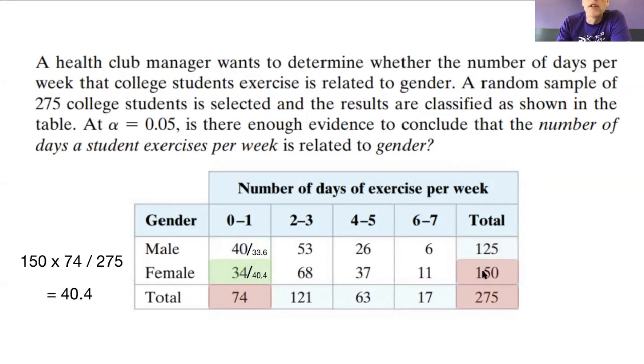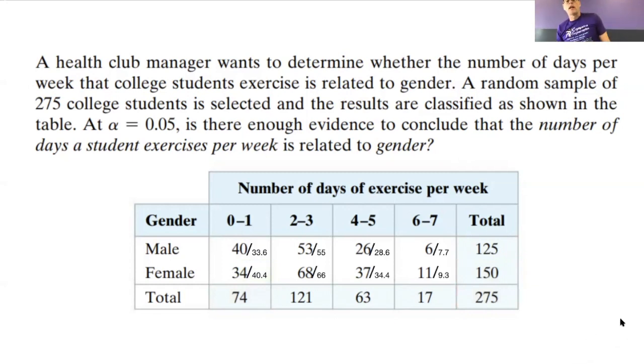If we take the 150 females times the 74 people that exercise 0 to 1 day per week, divided by the sample size of 275, we get approximately 40.4. So 40.4 is our expected count for that cell. If you want to pause the video and do the rest yourself, that would be good practice. I'm going to go ahead and show you all of our expected counts.